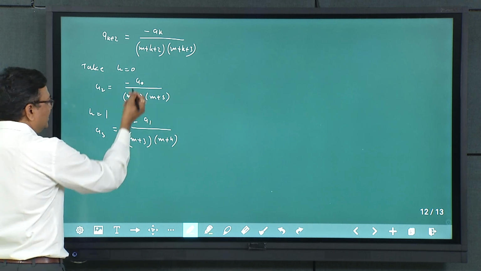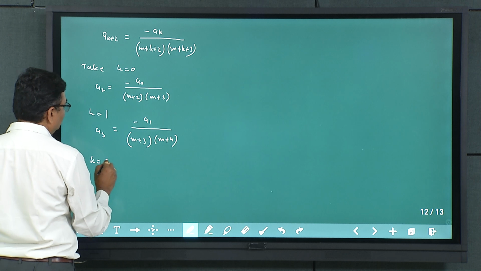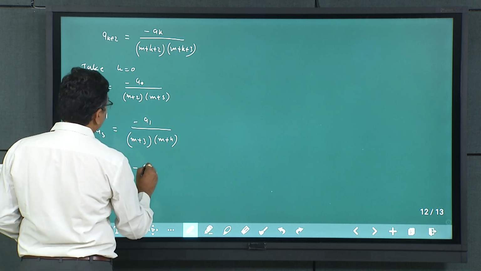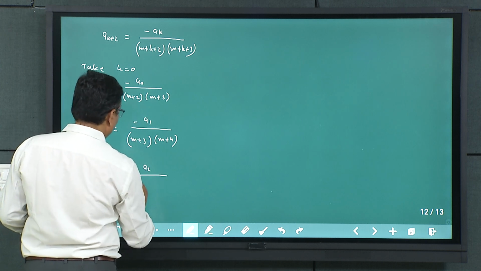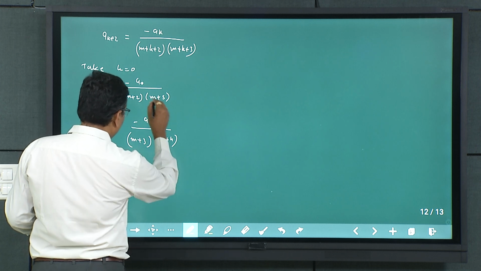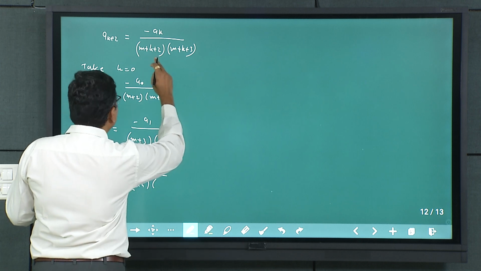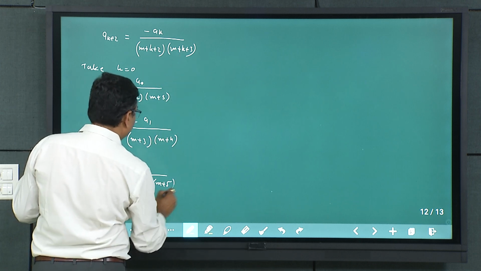Okay, A1 is an arbitrary constant, A0 is an arbitrary constant. Now take k is equal to 2. So A4 is equal to minus A2 upon, k is equal to 2, so m plus 4 and m plus 5, right.